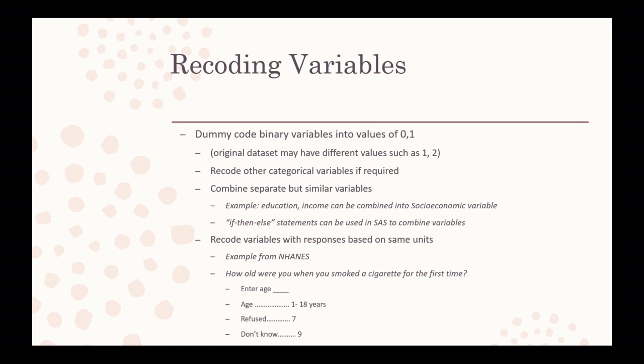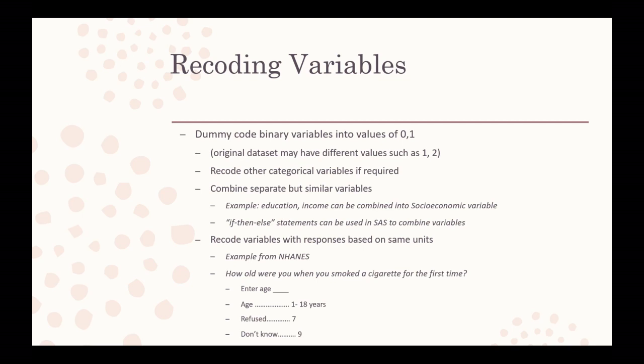For example, education and income can be combined into one variable, and you can call that variable a SES variable, socioeconomic variable. And there is a statement in SAS which is the if then else statement, which can be used to combine variables. Also, you can recode variables with responses based on same units. So again, this is an example from Enhance, which shows how old were you when you smoked a cigarette for the first time.